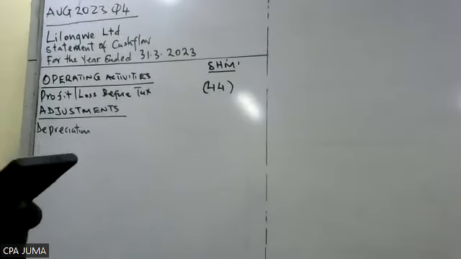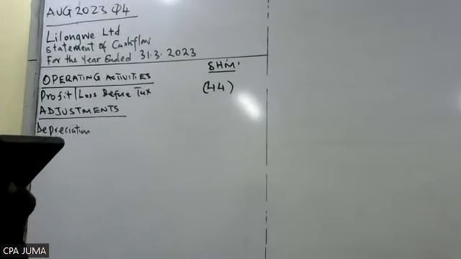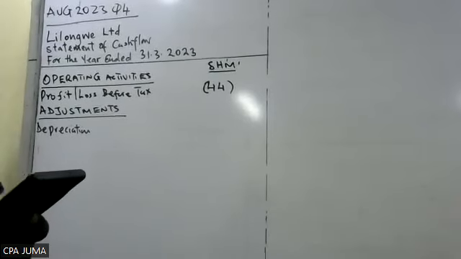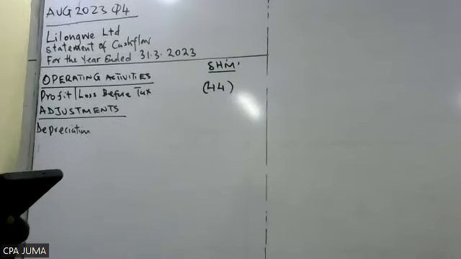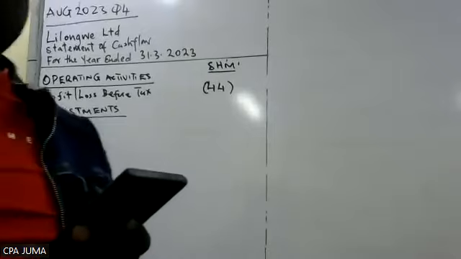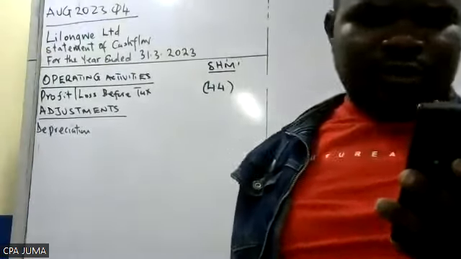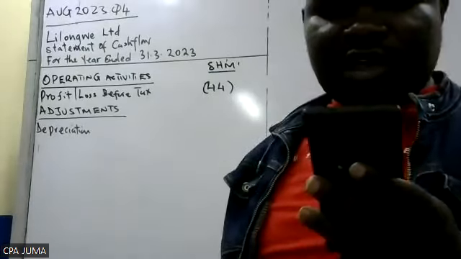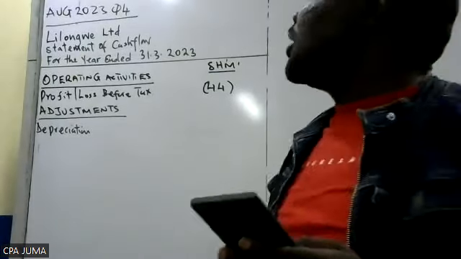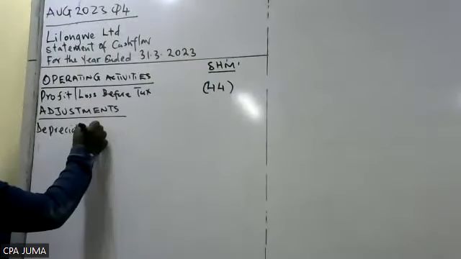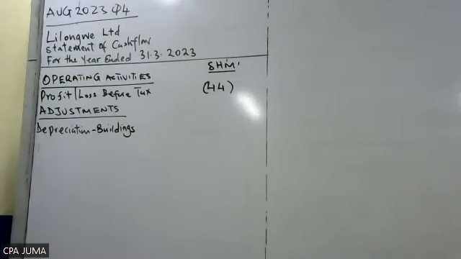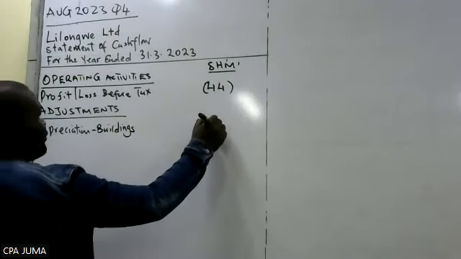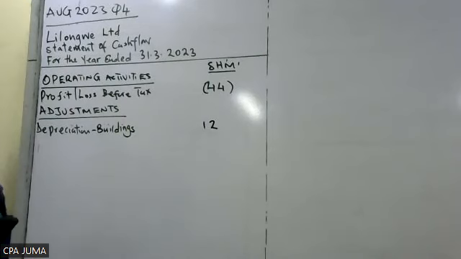No, 2023 is 12. Olivia, check well. 2023, building, there is depreciation of 12 if you check it keenly. So depreciation expense of 12, that one you add back.